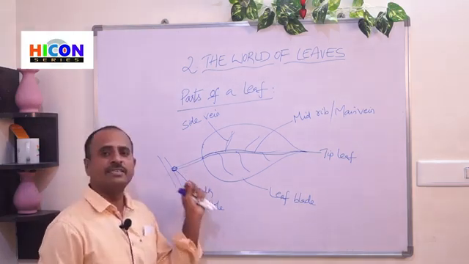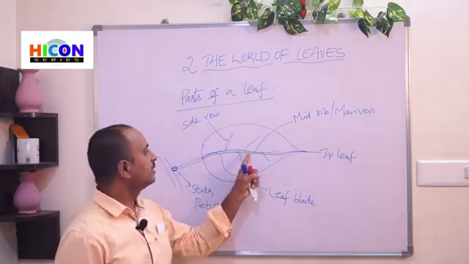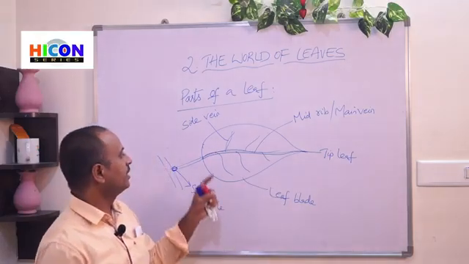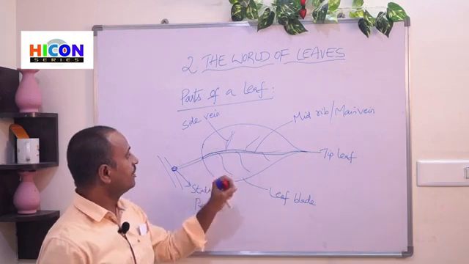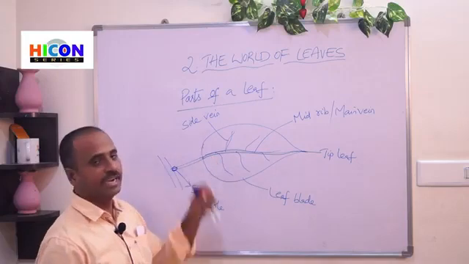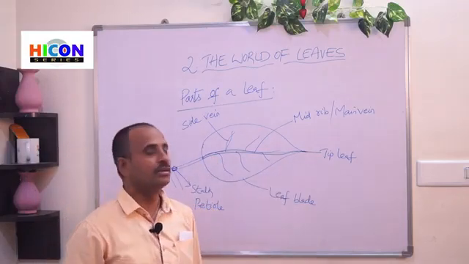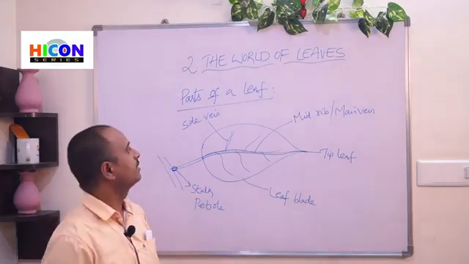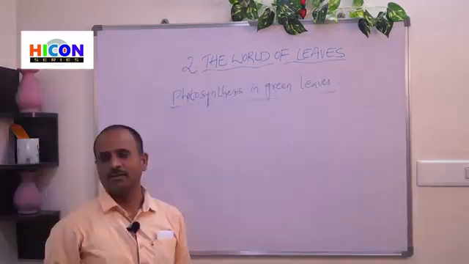The thick tube that passes through the middle of the leaf is called midrib or main vein. Some thin veins grow on either side of the midrib and are called side veins. And the tip of the leaf is called leaf tip. These are some important parts of the leaf.